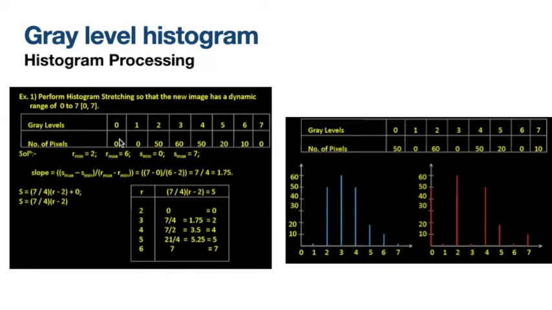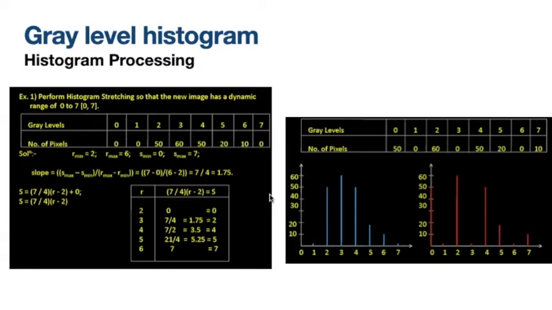So the minimum limit value of the image will be 0 and maximum will be 7. So S min is 0 and S max is 7. The gray level maximum value can be 7 and minimum value can be 0. We have already told it should be stretched within this range. So 0 and 7 is S min and S max.